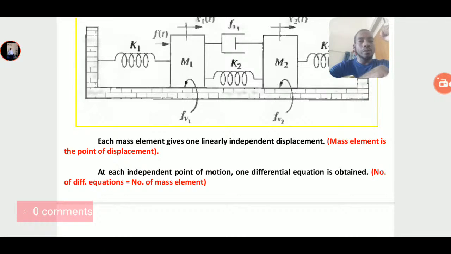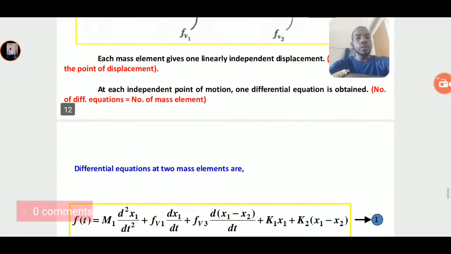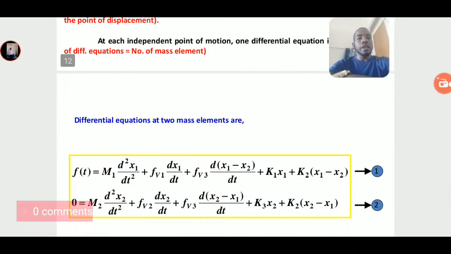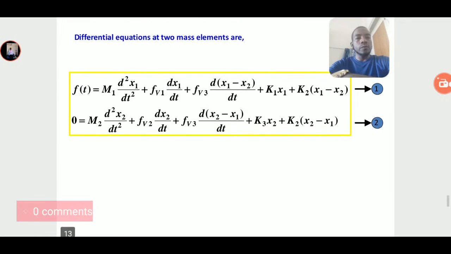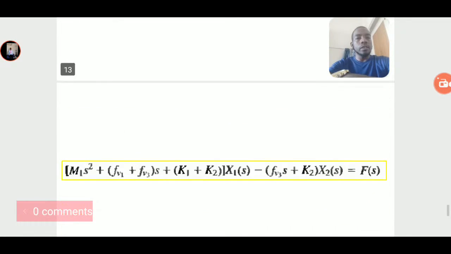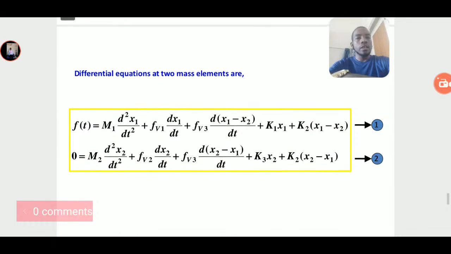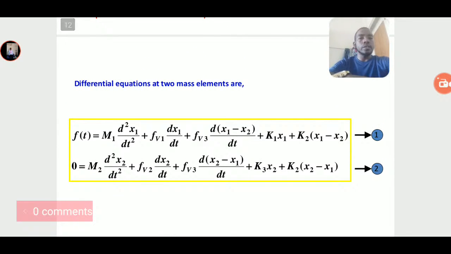That means the number of differential equations is equal to the number of mass elements. We have to know this carefully. So here we have two mass elements, so we have two differential equations.